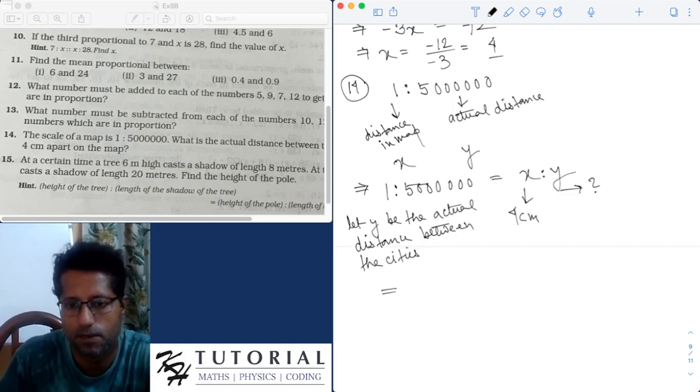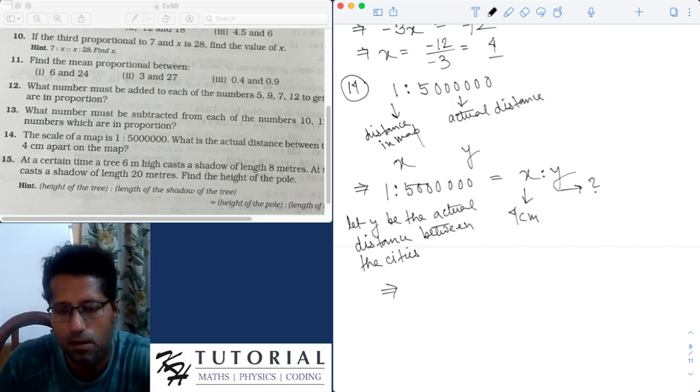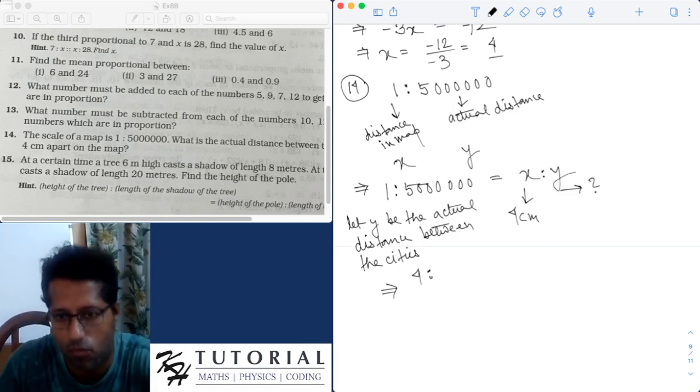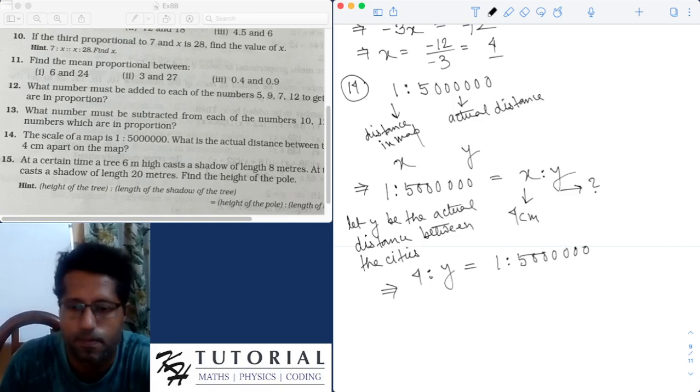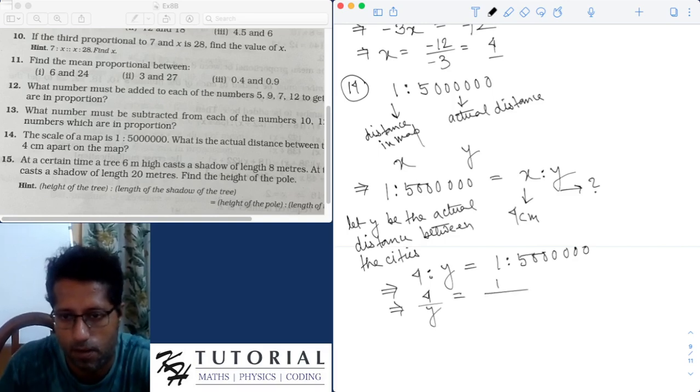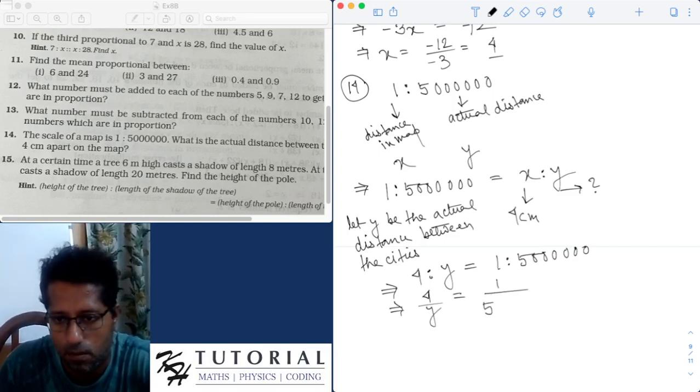This implies that 4 is to Y, since 4 centimeter is the distance in the map, will be equal to 1 is to this big number. This implies 4 by Y equals 1 by this big number.